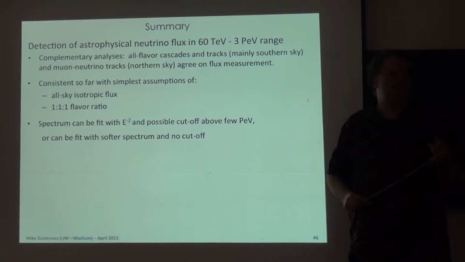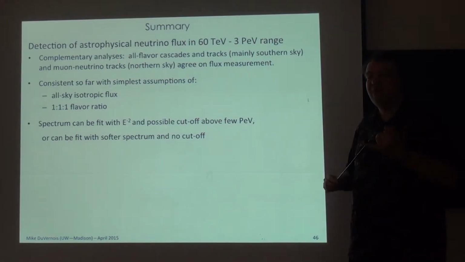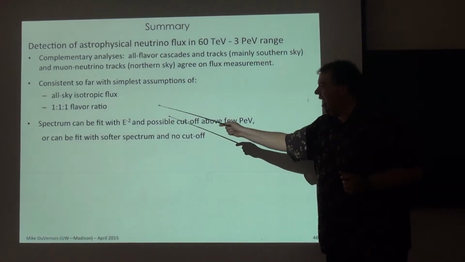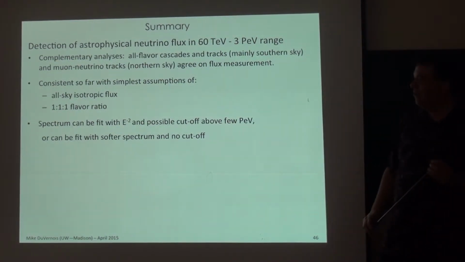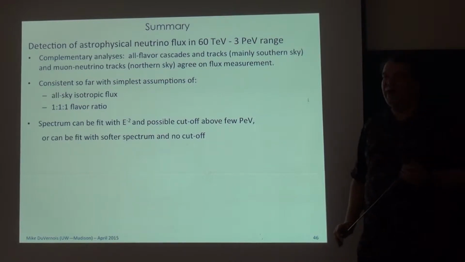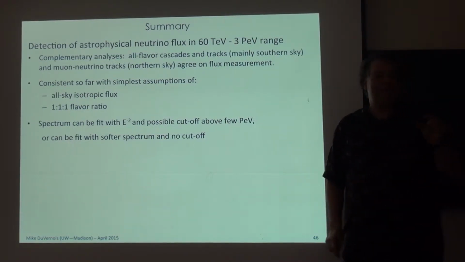The pointing analysis indicates that there are no significant nearby sources. There are a small number of bright sources. Everything's consistent with a 1-to-1-to-1 flavor ratio, although this is a relatively weak statement. The IceCube design is not very good at seeing double bang tau events in this energy range.